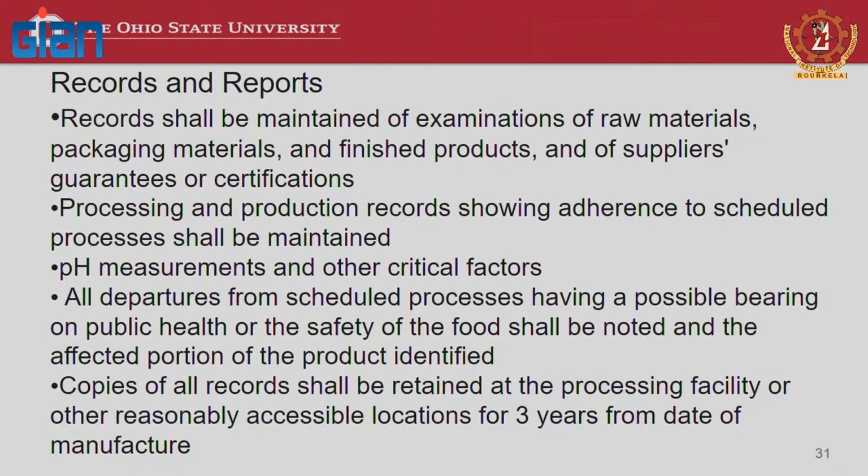So, simple thing, for example, when you pasteurize milk or when you do canning, we talked about time and temperature. What they normally do is, when you do the canning, there is something called a chart recorder.